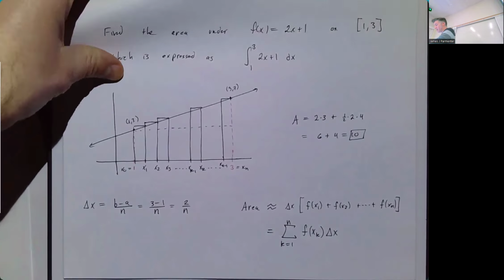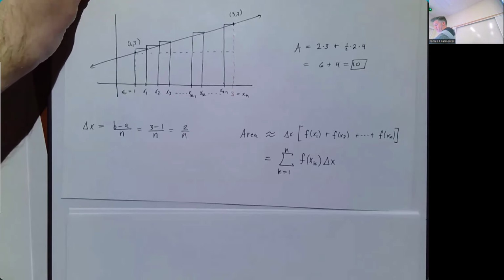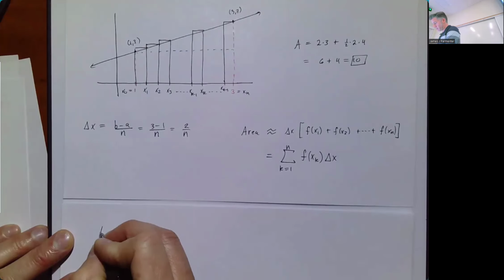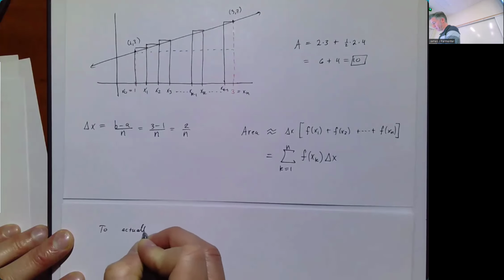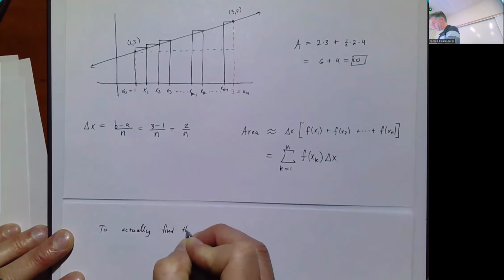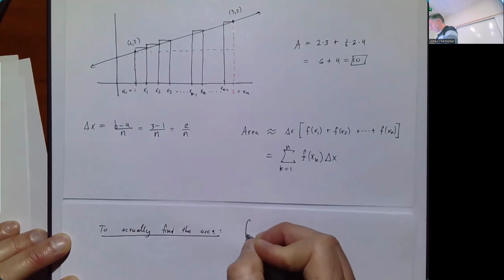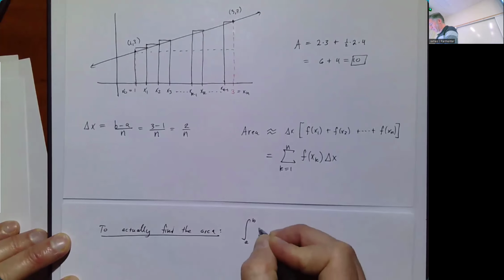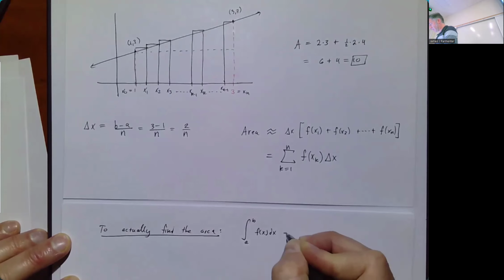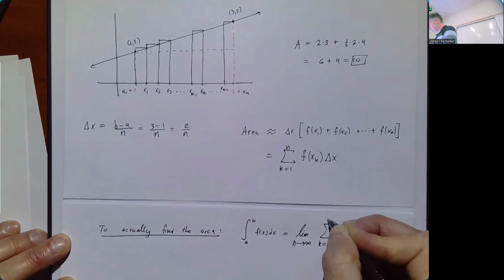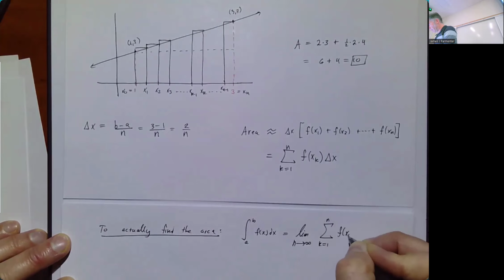And then if we want to actually find the area, we're going to have that the area under the curve from a to b of f of x dx is going to equal the limit as n goes to infinity of the sum from k equals 1 to n of f of x sub k delta x.